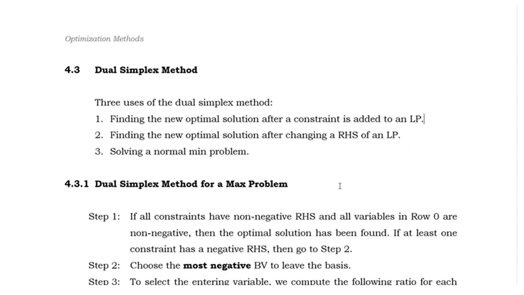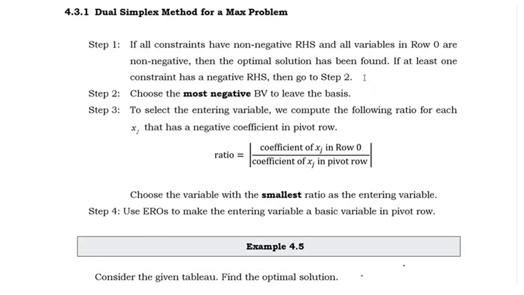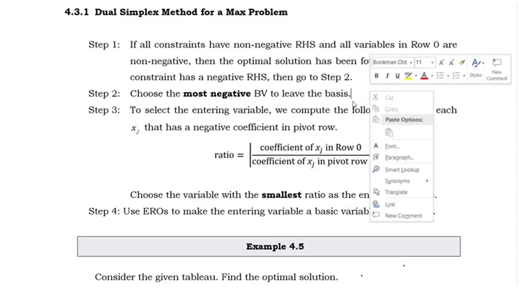There are a few steps to solve a maximum problem when the tableau has one or more negative right-hand sides and each variable in row 0 has a non-negative coefficient. First, check the right-hand side of each constraint. Then, the basic variable with the most negative right-hand side will become the leaving variable.